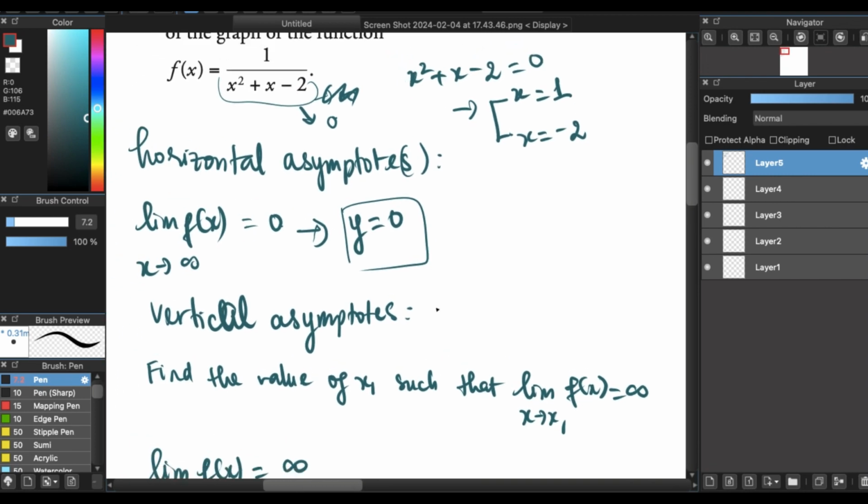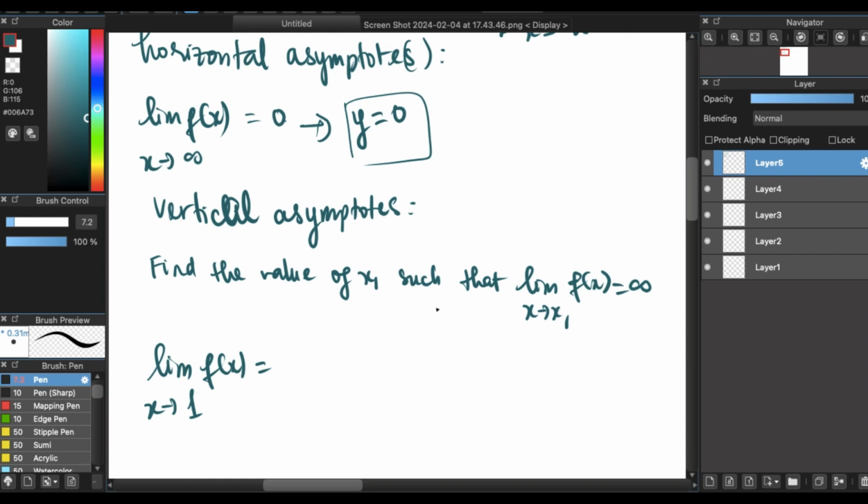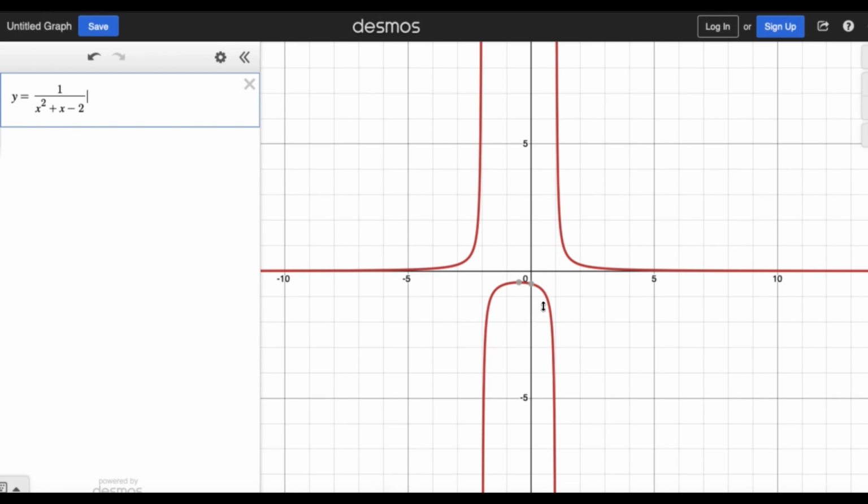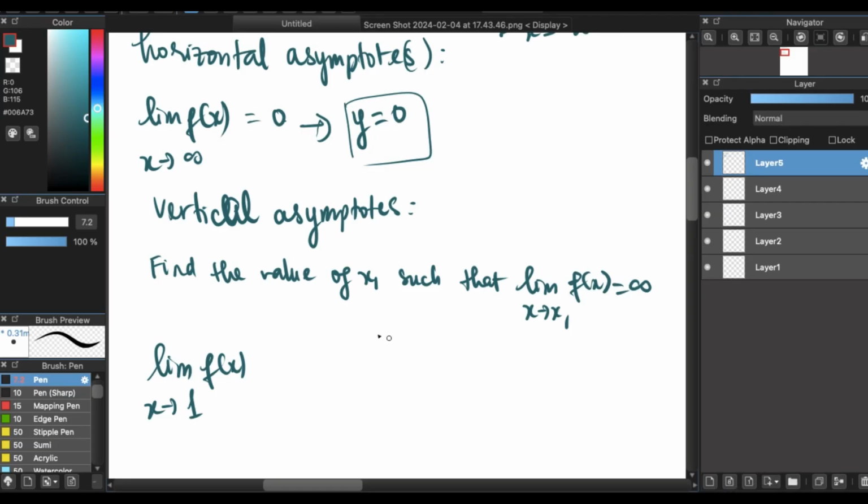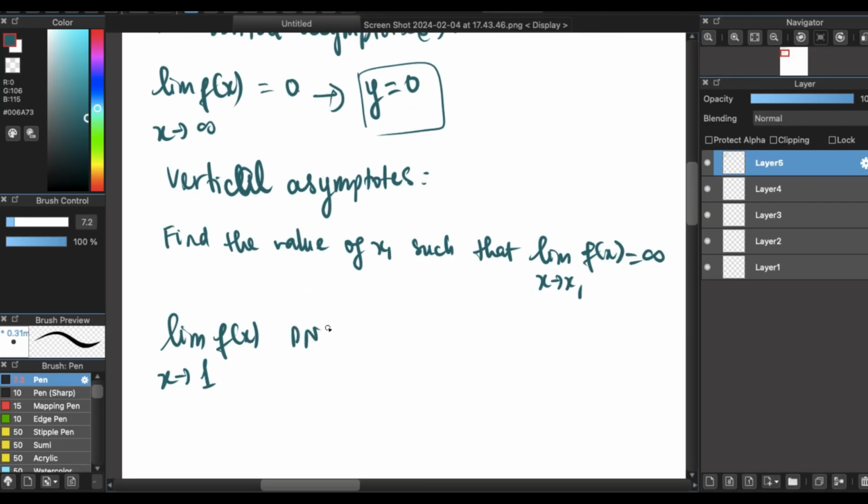No, it actually depends. So we've got to take a look at our graph. When x approaches 1 from the left side, the limit is minus infinity, and if x approaches 1 from the other side, then the limit is positive infinity. So the limit does not exist.